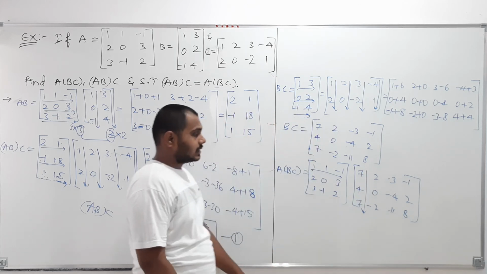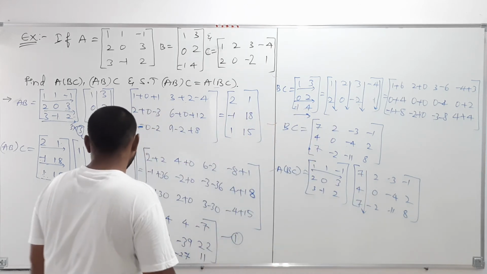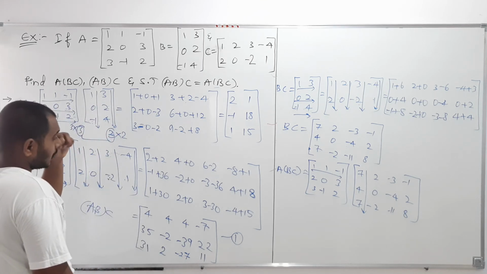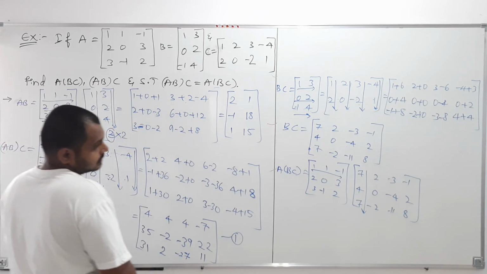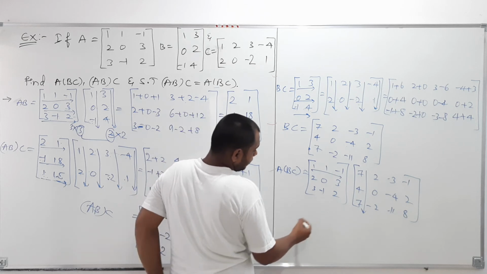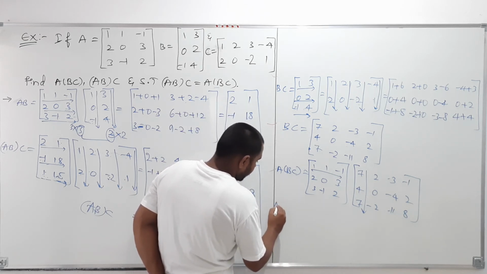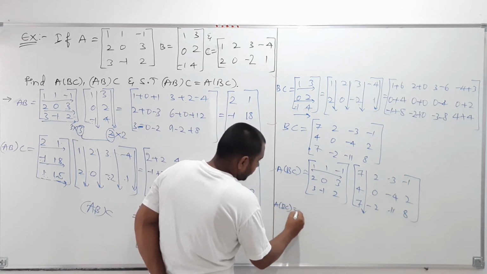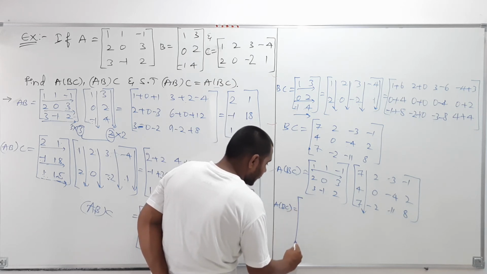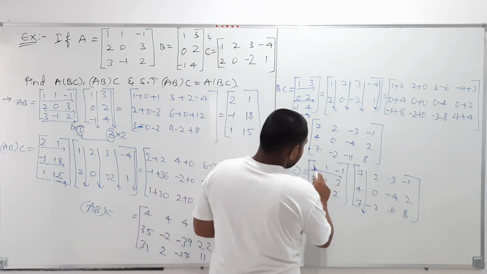First row, first column. So that I'll write here, or else is it visible? Can I write here? I'll write here only, my dear friends. So A into BC value. If you multiply here, you will get it as, so row into column.